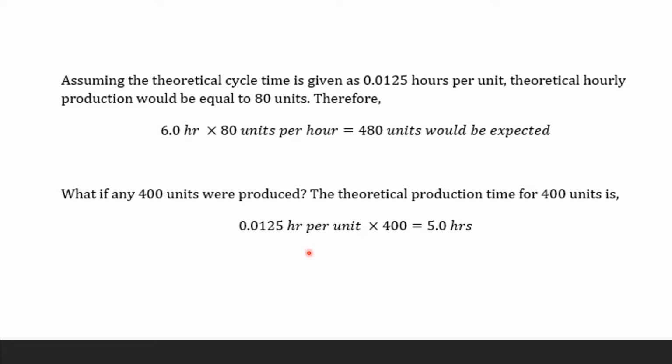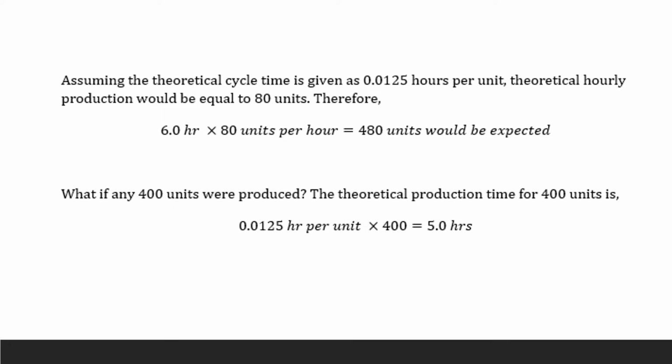We already know we spend 0.0125 hours per unit. Now we have 400 units, so units and units will be cancelled out, and you will get 5.0 hours. That is the hours needed for 400 units production.